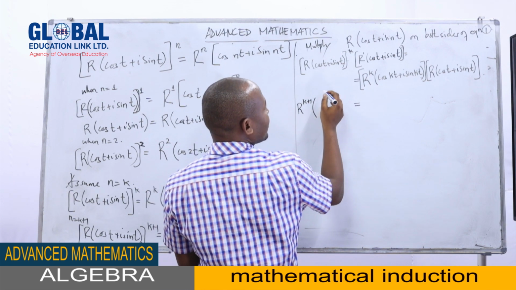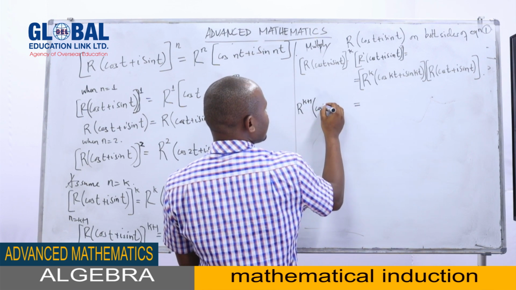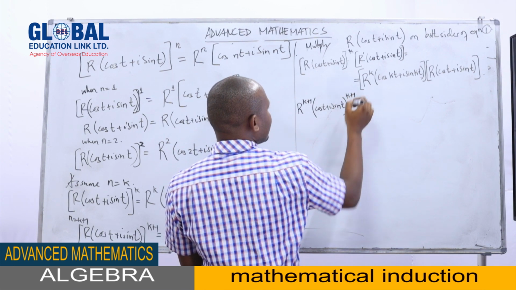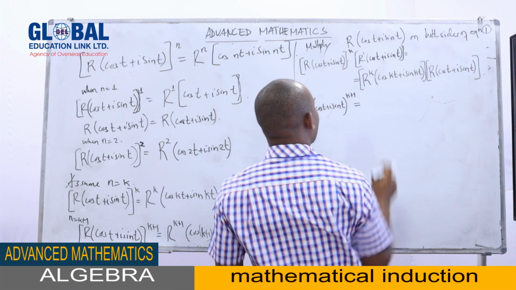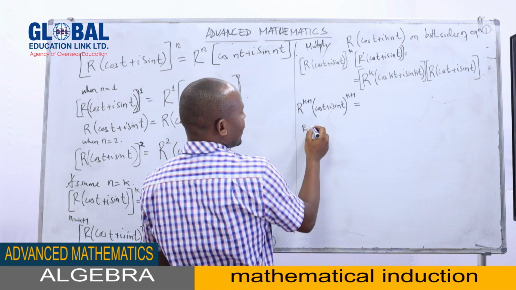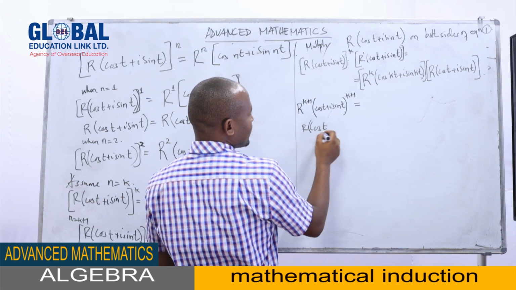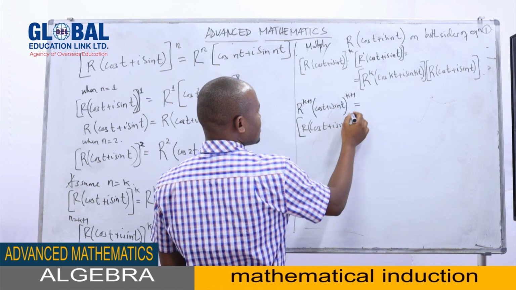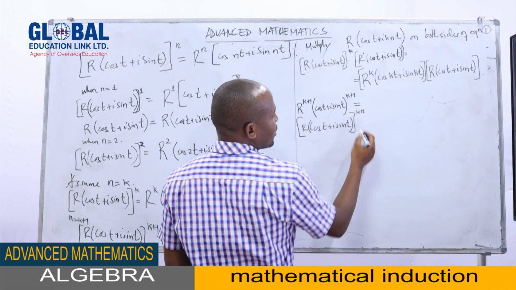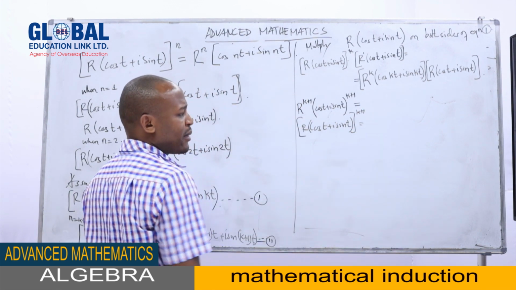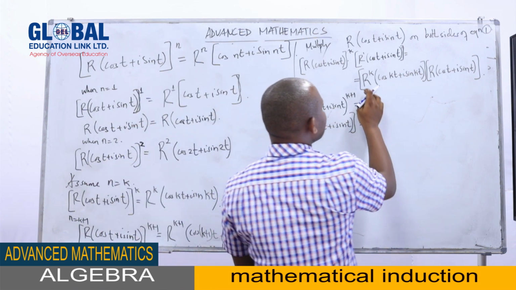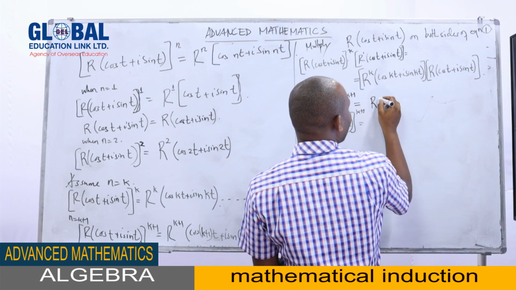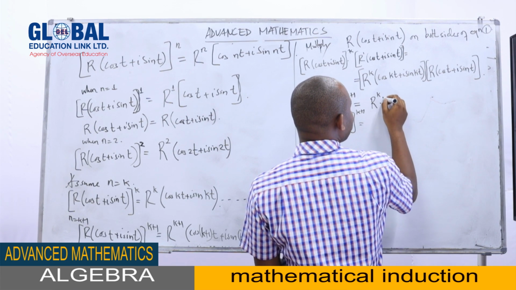Then we shall have cos t + i sin t raised to k + 1, or you can just write that as [r(cos t + i sin t)] all raised to k + 1. Now let's open the brackets: r raised to k and r raised to 1 will be r raised to k times r.